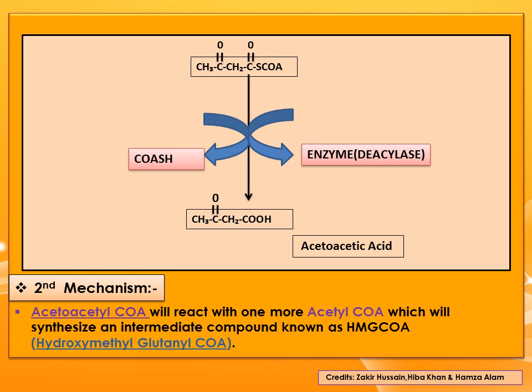The second mechanism by which acetoacetic acid is synthesized is the reaction of acetoacetyl CoA with another acetyl CoA, which will synthesize an intermediate known as HMG CoA.